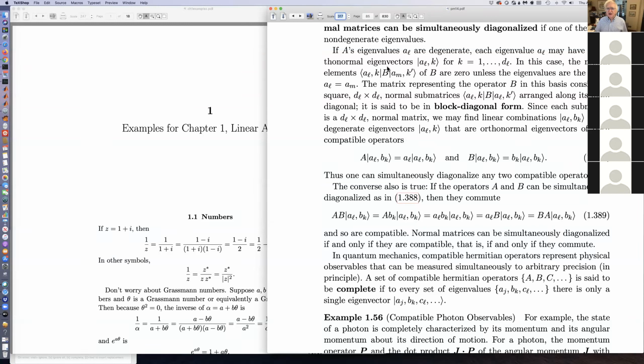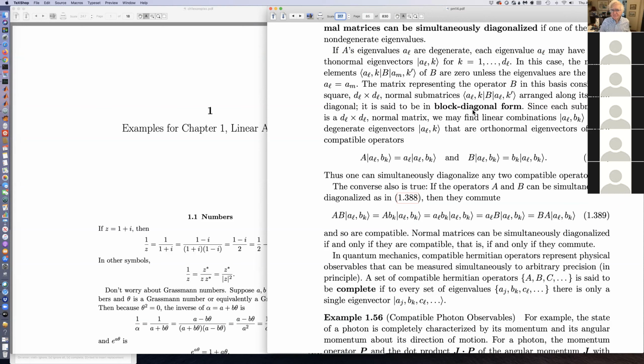In this case, the matrix elements <A_L, k| B |A_M, k'> are 0 unless A_L is equal to A_M, but if we set M equal to L, then we have a matrix that's d_L by d_L.